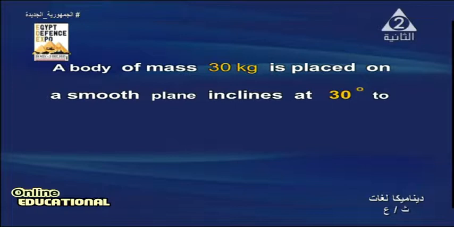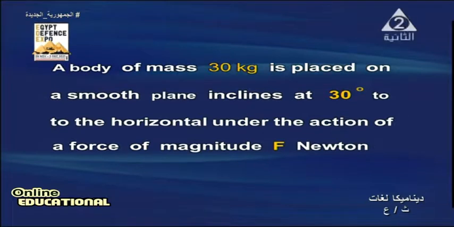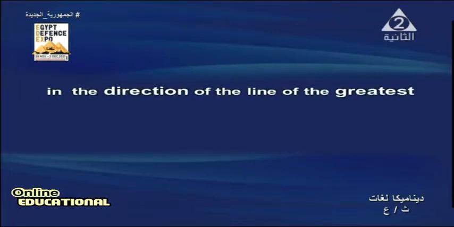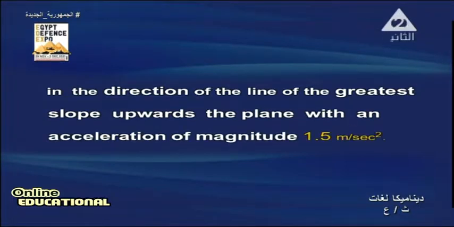Another example. A body of mass 30 kilograms is placed on a smooth plane inclined at 30 degrees to the horizontal under the action of a force of magnitude F Newton. The direction of the force is in the direction of the line of greatest slope upwards the plane, with an acceleration of magnitude 1.5 meters per second squared.